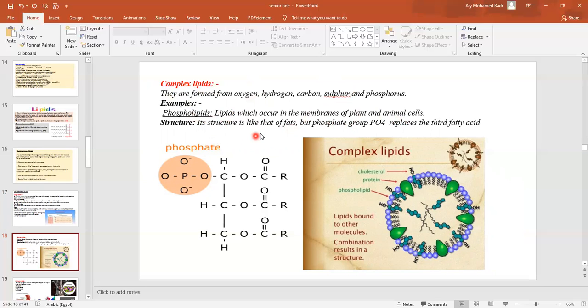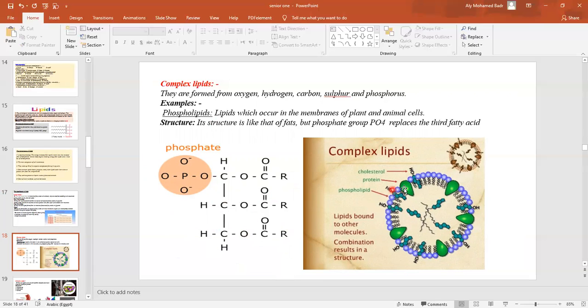Their structure is the same as fats, but a phosphate group and a choline group replace the third fatty acid. The choline group contains nitrogen, so the phospholipid has phosphate and also nitrogen. This is the structure of the phospholipid.